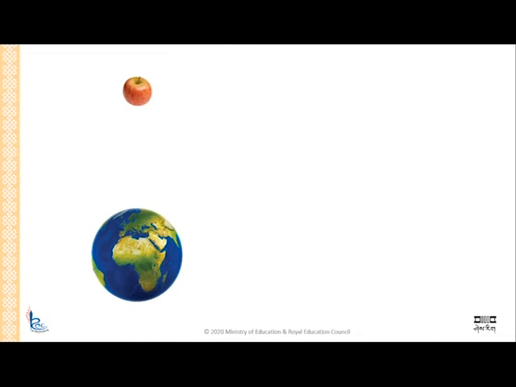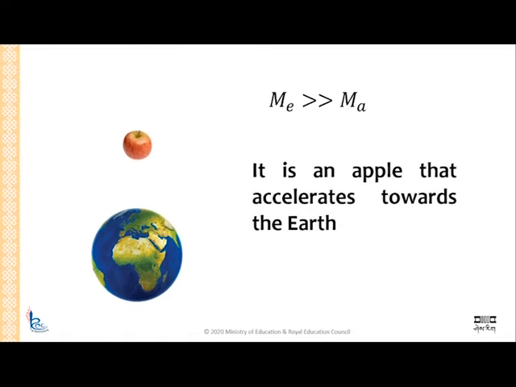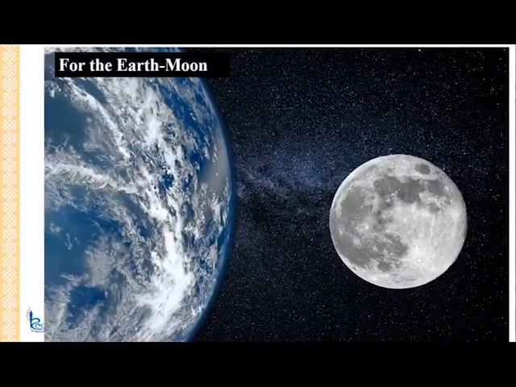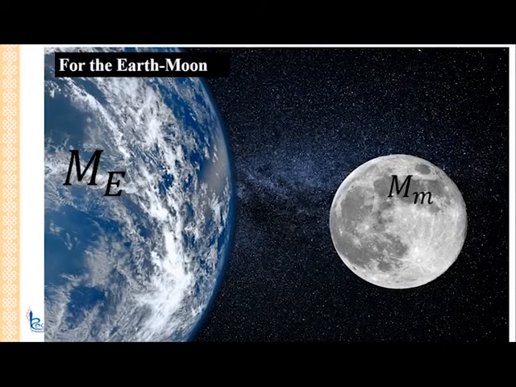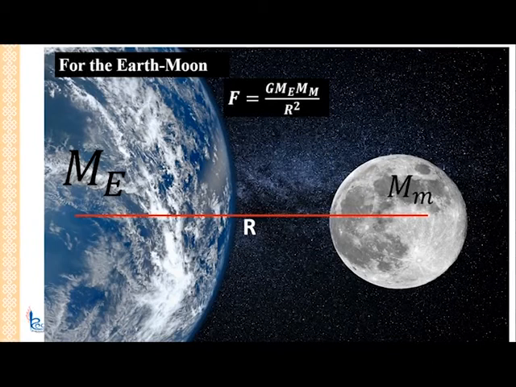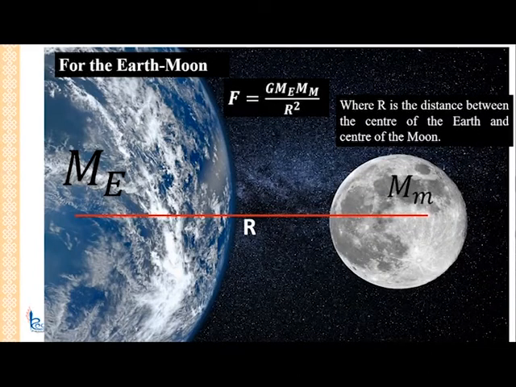Now this is similar to the example we have seen earlier. Since the mass of the earth is much larger than the mass of the apple, it is the apple that accelerates towards the earth. Similar to this, for the earth and the moon, Me is the mass of the earth and Mm is the mass of the moon, separated by distance r, and the force of attraction between them is F is equal to G m1 m2 over r square, where r is the separation between them.